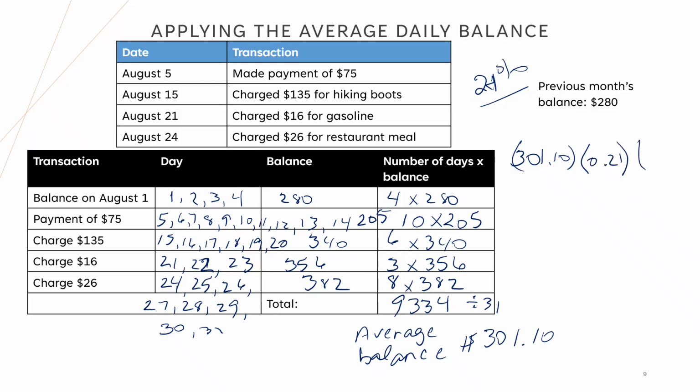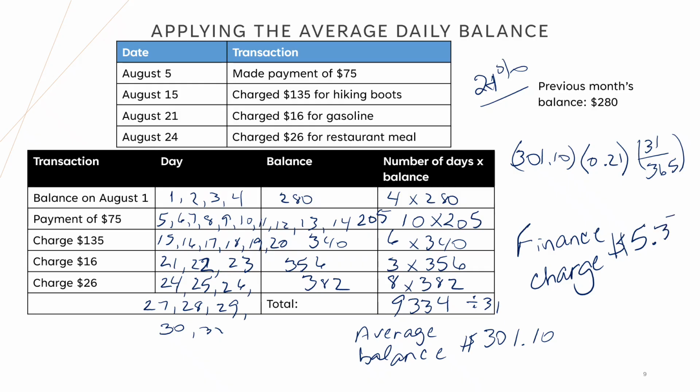Now, there are 31 days out of the year. So you take your 301.10, multiply it by your percentage rate, and then multiply it by 31 over 365. And that gives you a finance charge on your average daily balance of $5.37.